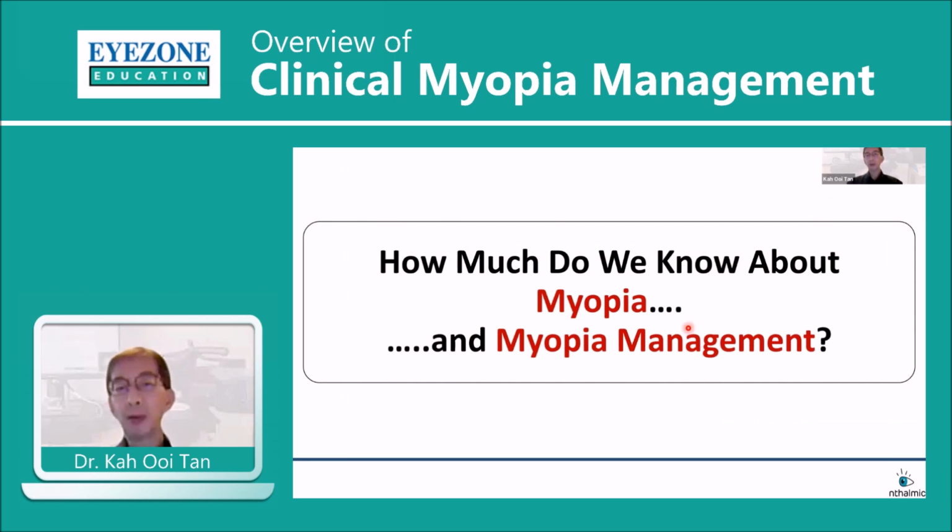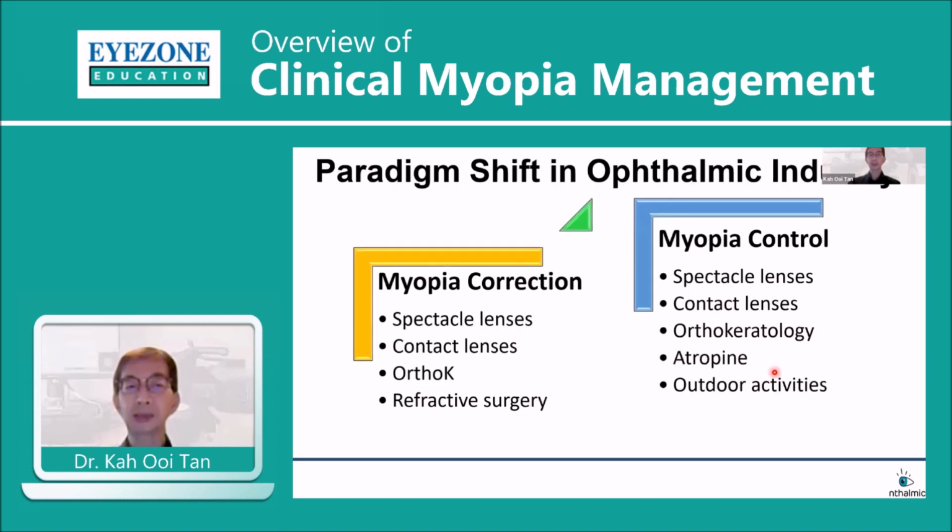So how much do we know about myopia and the jargon word, myopia management? Here we can see that there is a paradigm shift in the optometry industry. In the past, we focused mainly on myopia correction, such as using spectacle lenses, contact lenses, and even refractive surgery to provide visual correction.